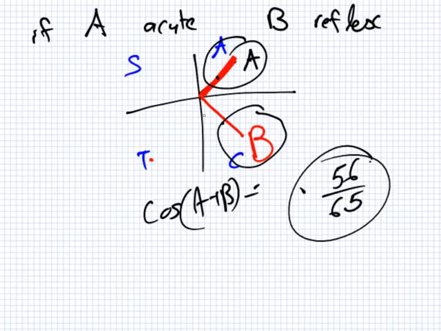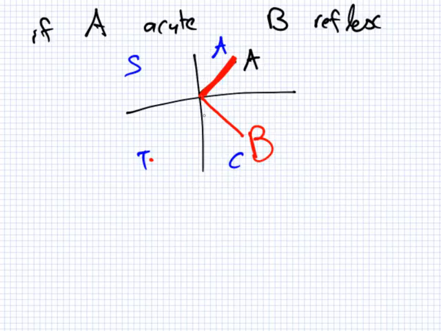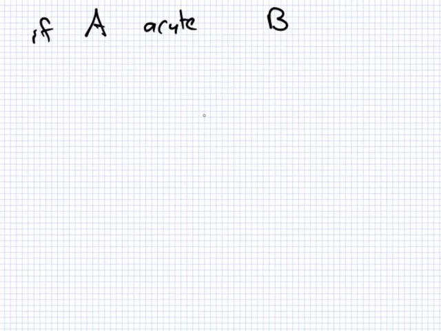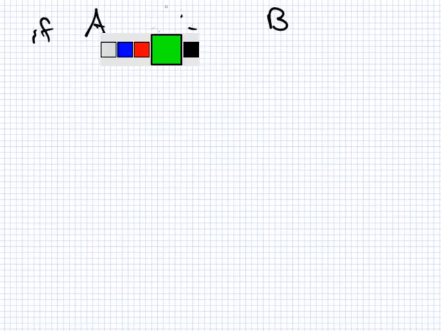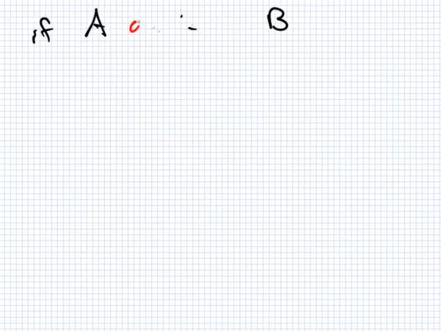Right, let's do this problem again, but this time I'll say A is not acute anymore, but instead I'll say A is obtuse and B is acute.